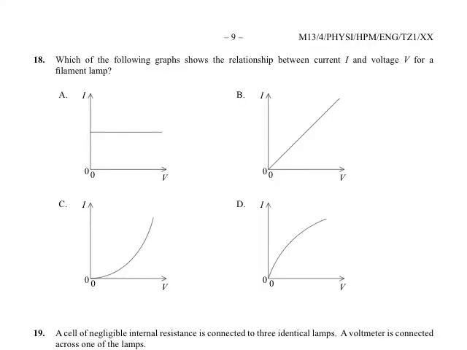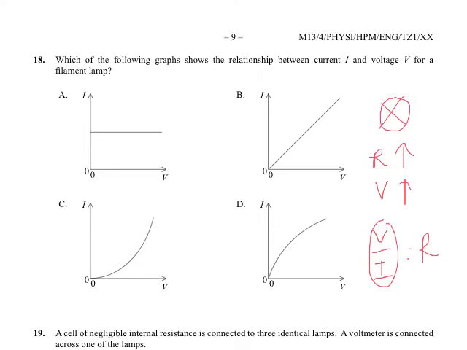Which of the following graphs shows the relationship between current I and voltage V for the filament lamp? Well, these are things that you're going to have to learn off by heart. A filament lamp has a resistance that increases with temperature. So as the voltage increases, the resistance will increase. Now we know that voltage over current, that ratio will give us resistance.